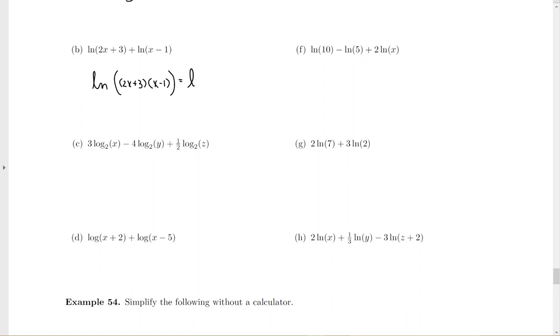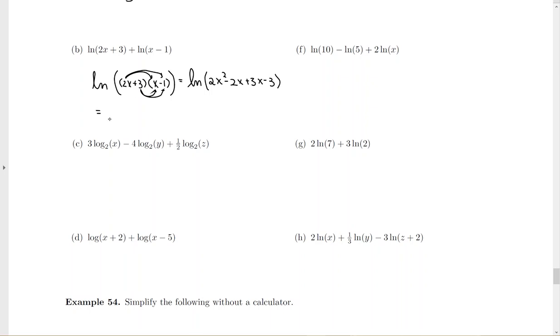So this is natural log of 2x times x, 2x times negative 1. All right, so we took care of the 2x. Now multiply by positive 3 through that parenthesis grouping. So plus 3x minus 3.